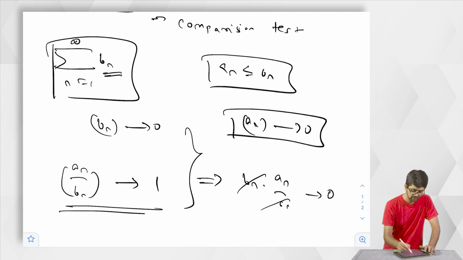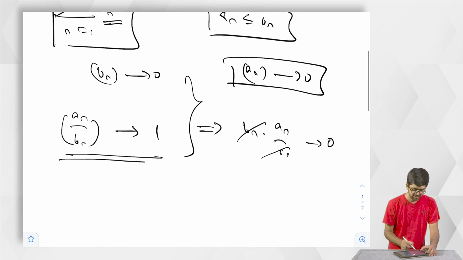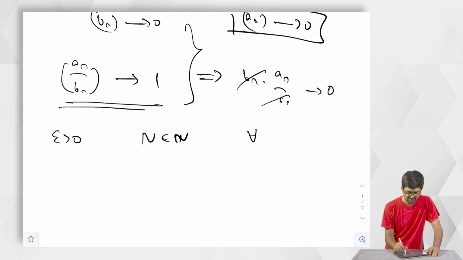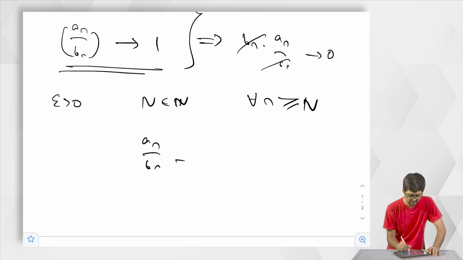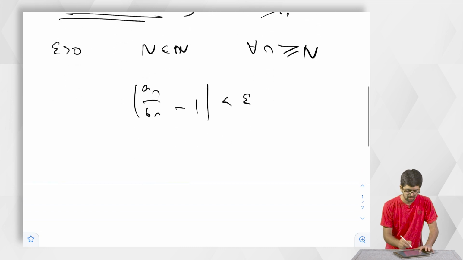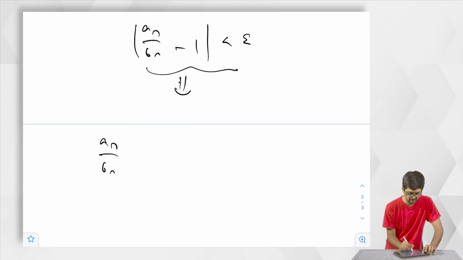Now once we know that An goes to 0, the next thing to ask ourselves is whether summation An is convergent or not. Let us write down what it means to say An by Bn goes to 1. It means given epsilon positive, there is N belonging to the natural numbers such that for every n greater than or equal to N, |An by Bn minus 1| is less than epsilon. This is saying An by Bn is less than epsilon plus 1.